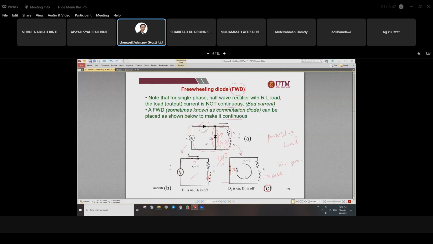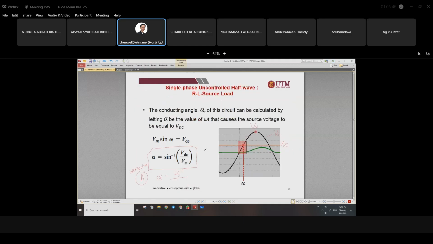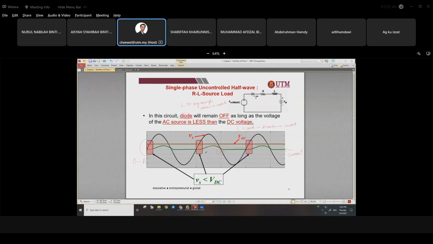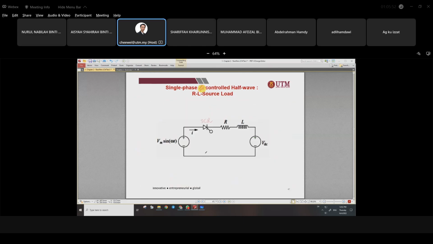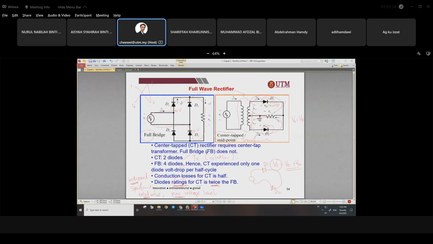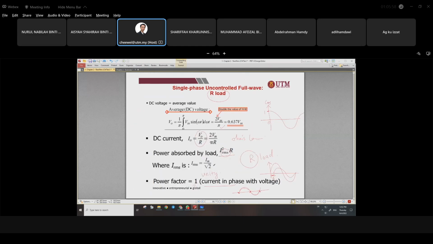If it doesn't say anything, then we need to find out what it says. What is the condition to make it continuous? Condition 1 and condition 2. Anyone can tell me?